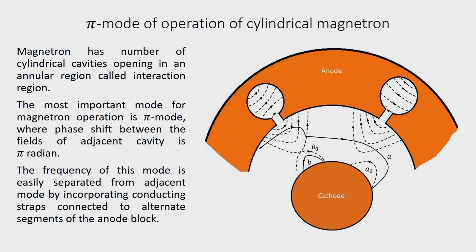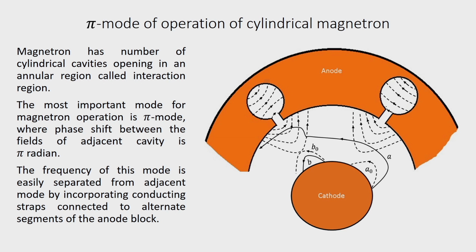A magnetron has a number of cylindrical cavities opening in the annular region between cathode and anode, which is called the interaction region, and pi mode is the mode where the phase shift between the fields in the adjacent cavities is pi radian.